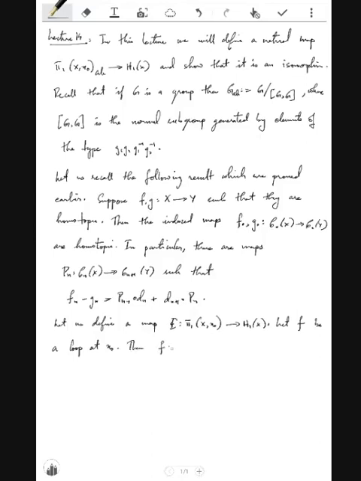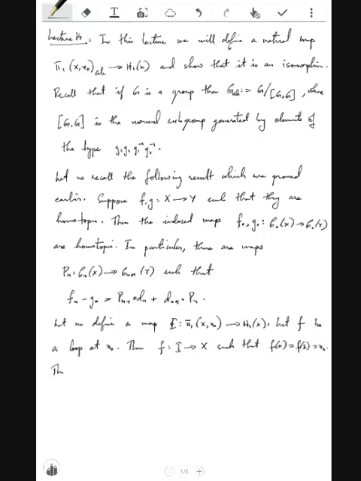Then we may view f as defining a map from I to X such that f of 0 is equal to f of 1 is equal to x0.